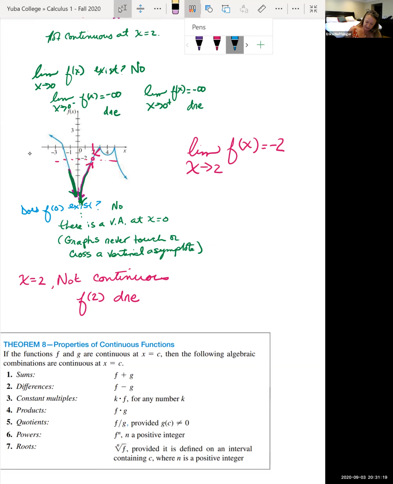But this is the condition that needed to be said in order for it to exist. So because of this, we can stop and say f is not continuous at x equals 2.